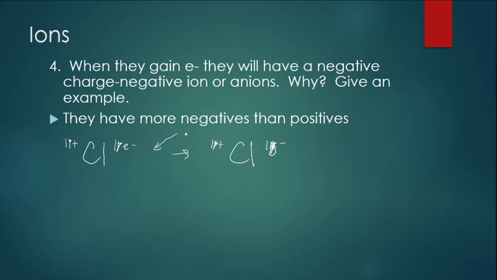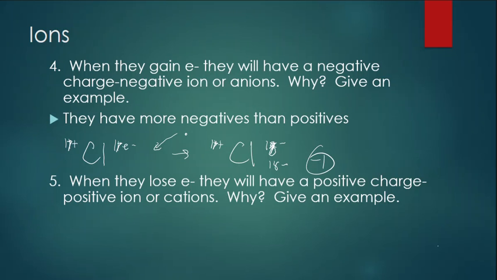Chlorine normally has 17 protons and 17 electrons. What happens if it gains one? It now has 18 electrons. That's a total of a -1. It has gained an extra electron.